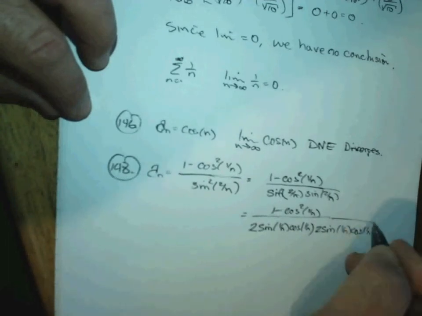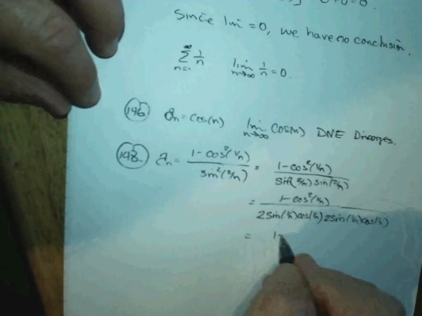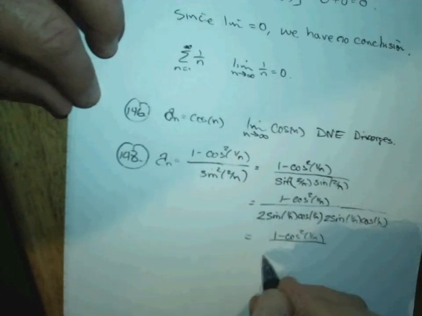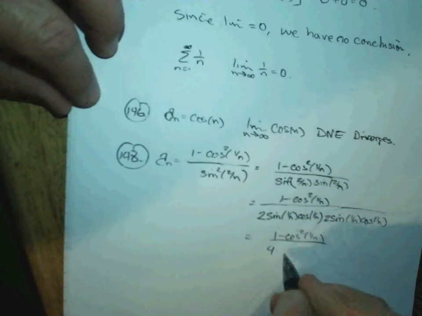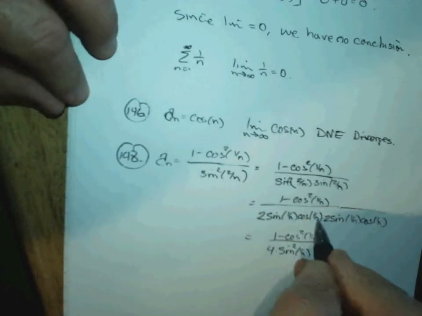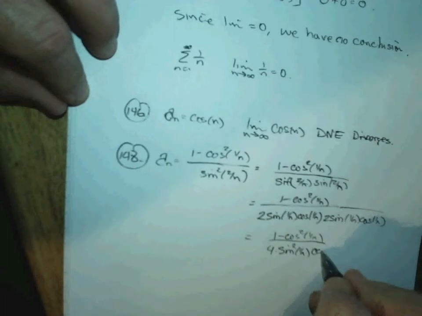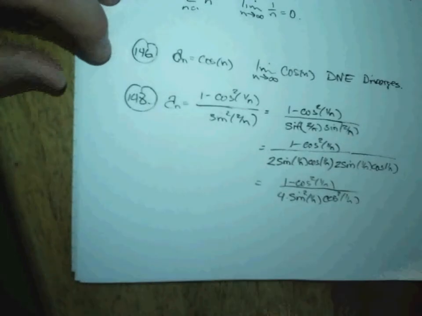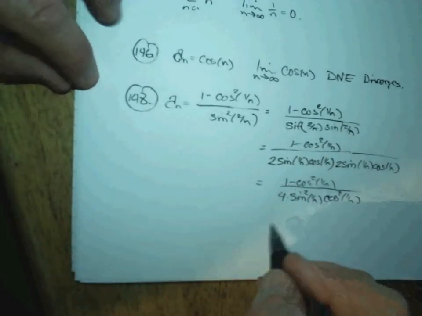2 sine 1 over n cosine 1 over n. So in other words, 2 times 2 is 4. Sine of 1 over n times sine of 1 over n is sine squared 1 over n. Cosine of 1 over n times cosine of 1 over n, cosine squared 1 over n. Okay?